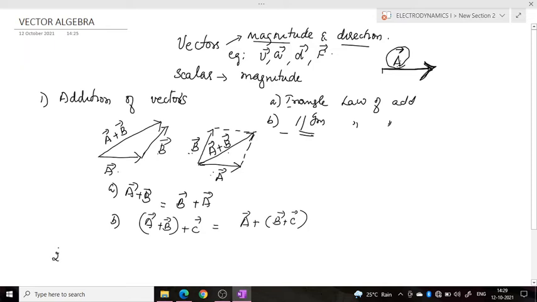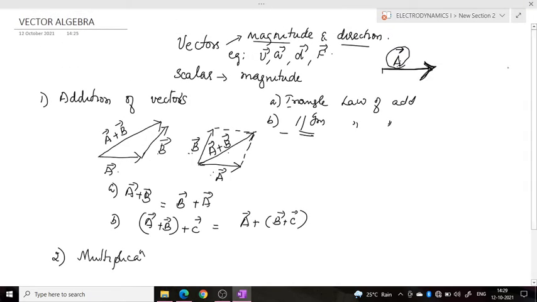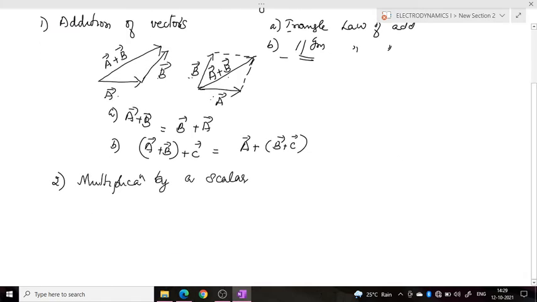Next is multiplication. First, we start with the multiplication of a vector by a scalar quantity. What happens if you multiply a vector by a number?